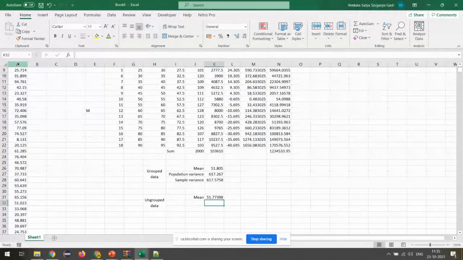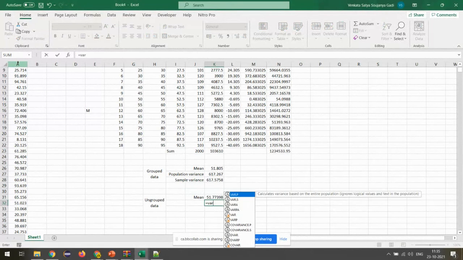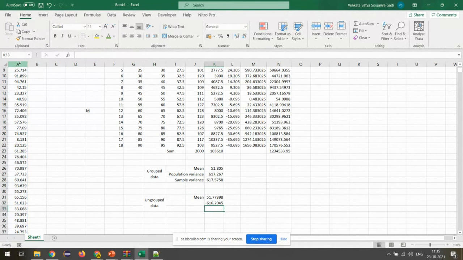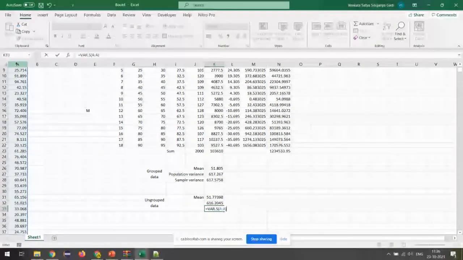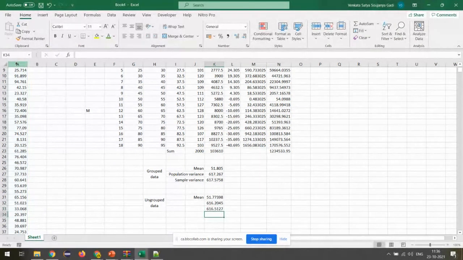And then we see the variance. Variance for 616, which is very close, very nice. This is population, right? Another variance from this, we get 16.5. So you can see, let me copy these two. So this is the result.